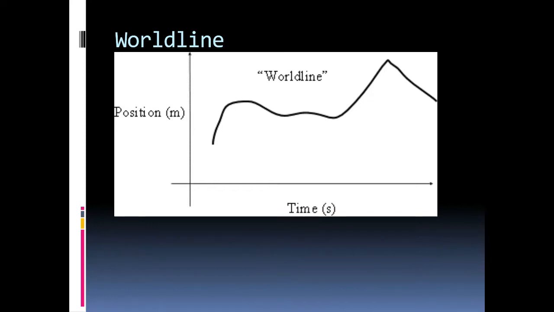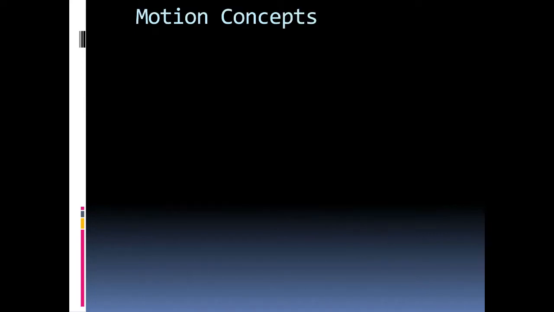We're going to do velocity time graphs. We'll even do acceleration and time graphs and such. But position and time graphs is what we usually start off with. The graph is called a world line because it's the history of the position of an object at all points in time. You could actually create one of these for yourself, and it would be your history. We'll study this in detail.